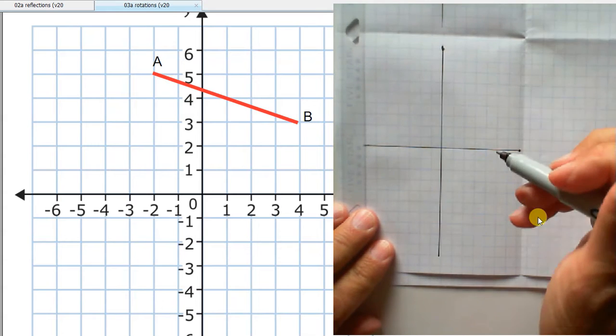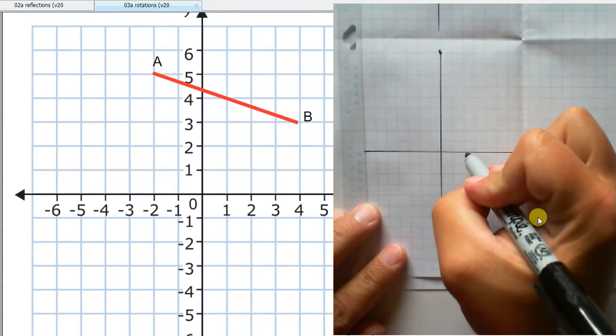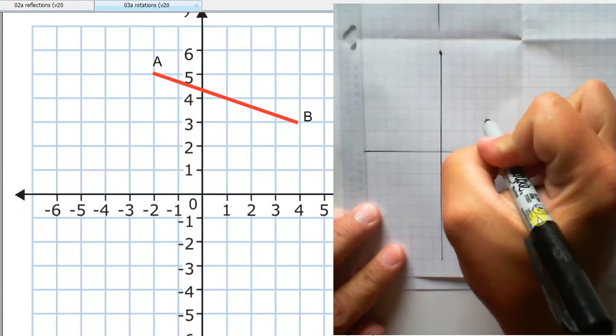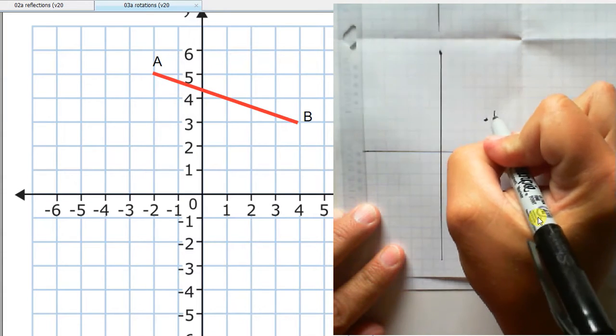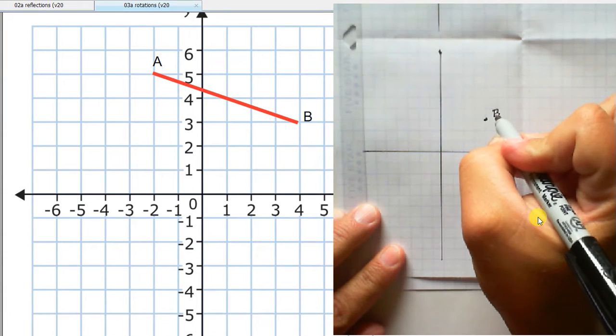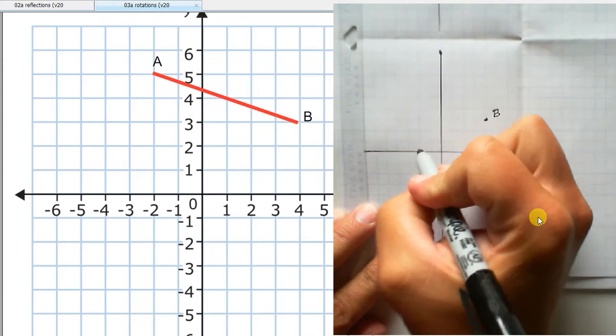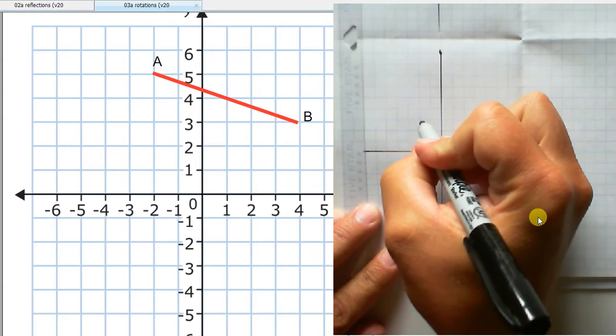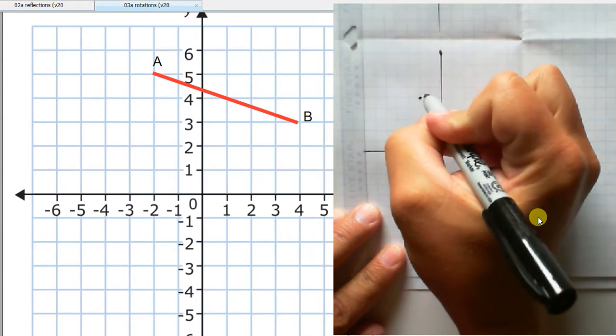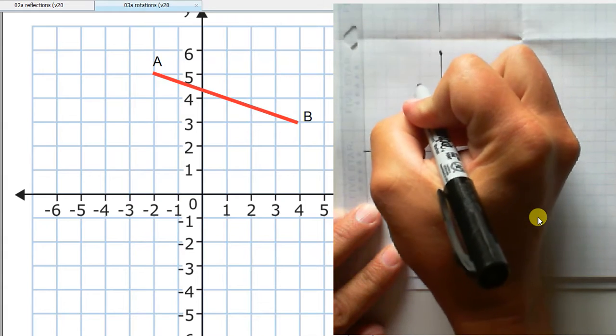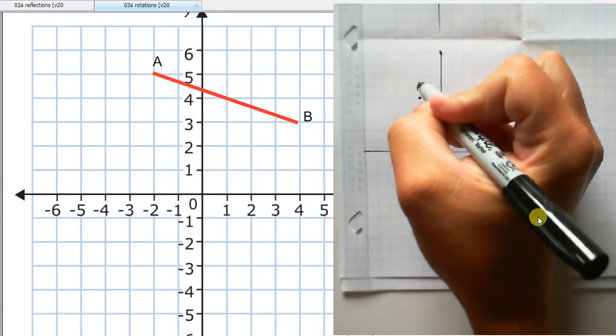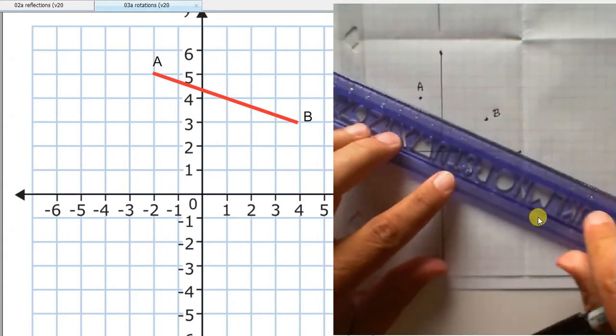And let's see, this is at 4, 3. 1, 2, 3, 4. There's B. And -2, 5. And there's A. So here's the original segment.